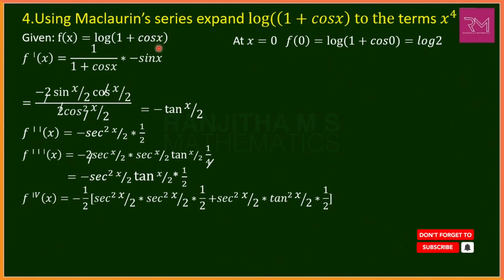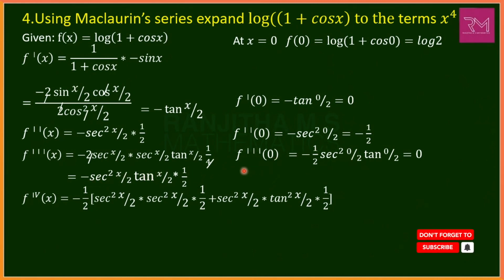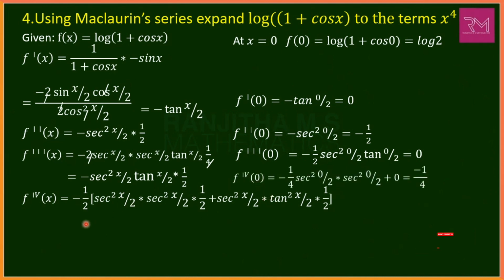The cos 0 value is 1, hence we get log of 1 plus 1, that is log 2. f dash of 0 is equal to minus tan 0, substituting 0 in the place of x, and the tan 0 value is 0 itself, that is our f dash of 0. f double dash of 0 is minus 1 by 2 into secant square 0, and secant square 0 is 1, hence we get minus 1 by 2 as our f double dash of 0. f triple dash of 0 is minus 1 by 2, constant as it is, into, here tan 0 is 0, hence all the values are 0, and we get f triple dash of 0 as 0.